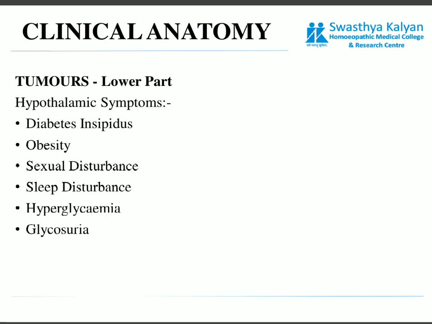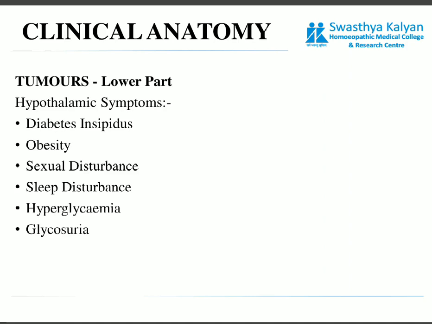Also, if the tumor is located in the lower part, then a very important structure present there is the hypothalamus. So there would be symptoms related to the dysfunction of the hypothalamus. They are known as hypothalamic symptoms, like diabetes insipidus, obesity, sexual disturbances, sleep disturbances, hyperglycemia, and glycosuria. If the hypothalamus functions normally, it regulates all these things.